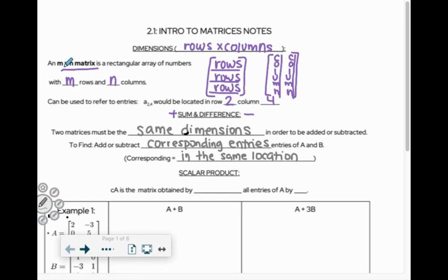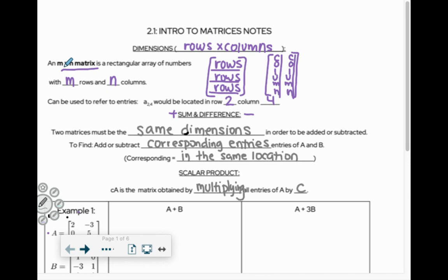Then the third thing we're going to do is something called a scalar product. It's basically multiplying, but the reason we're not calling it multiplying is that we're going to multiply by a number for this one. Multiplying matrices is where you take an entire matrix times another matrix. So for this one, cA would be multiplying all entries of A by c.